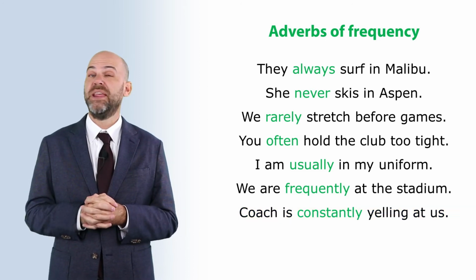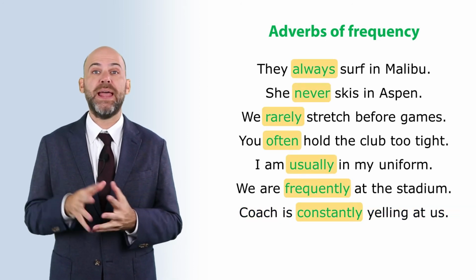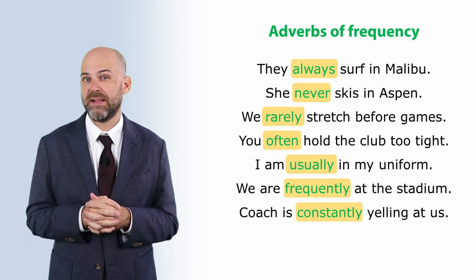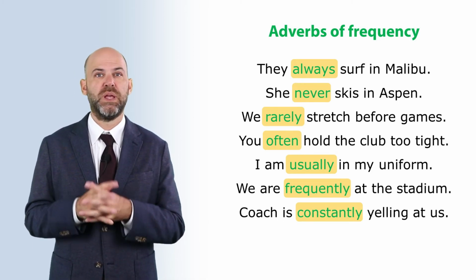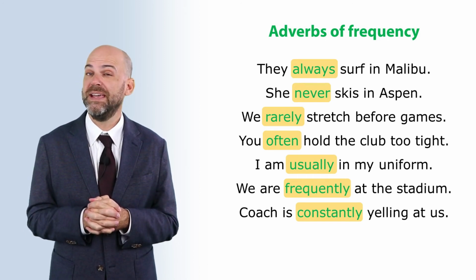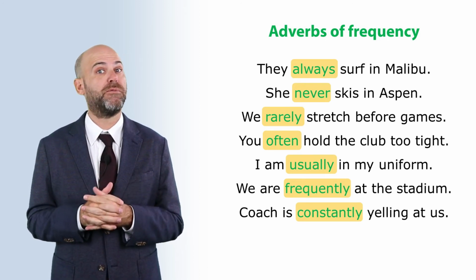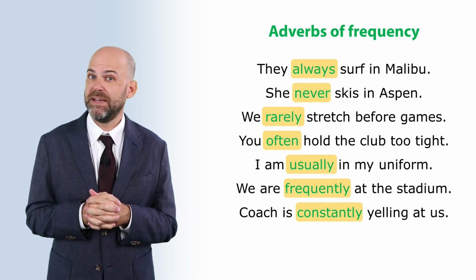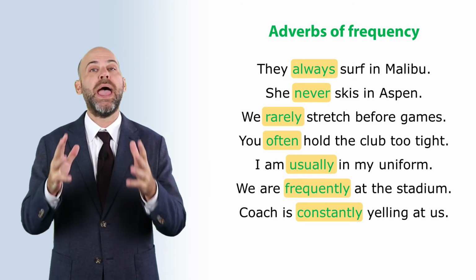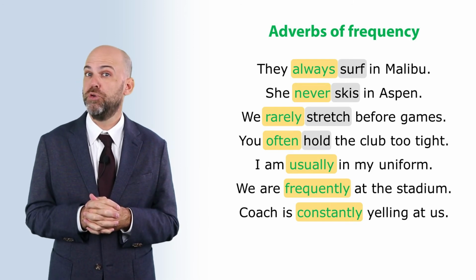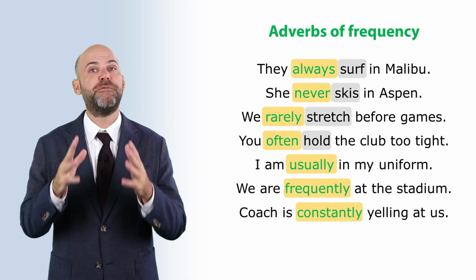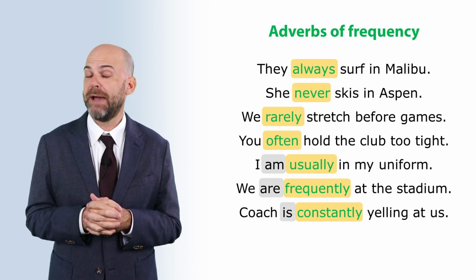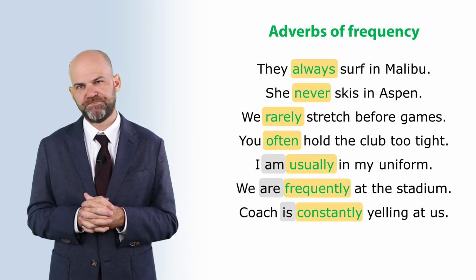Excellent. These indefinite adverbs of frequency do not tell us exactly how often. Also notice that indefinite adverbs of frequency are not usually placed at the end of the sentence. Adverbs of frequency are usually placed before the main verb, or they are placed after the verb to be.